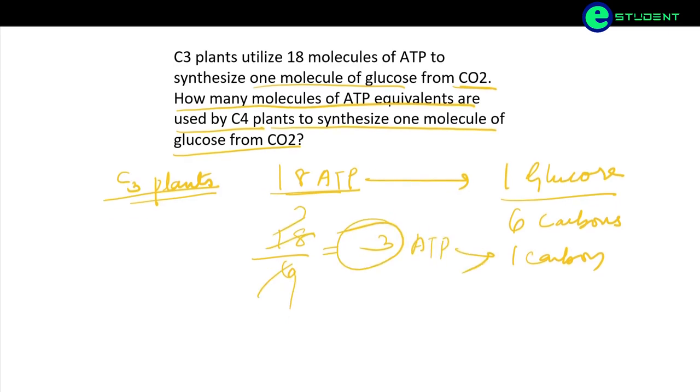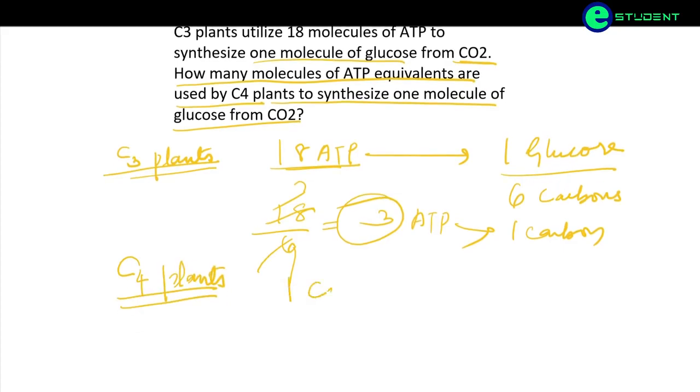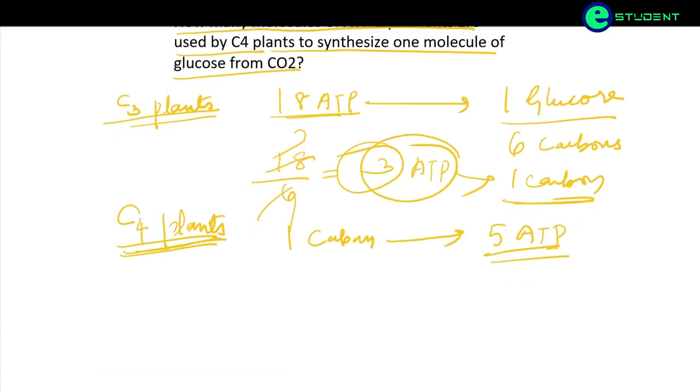But in the case of C4 plants, one carbon is produced by 5 ATP molecules. Here they are using 3 ATP molecules to produce one carbon, but in the case of C4 plants, they use 5 ATP to produce one carbon.